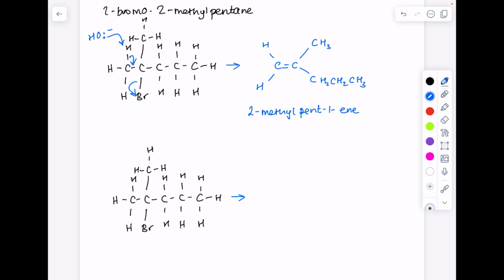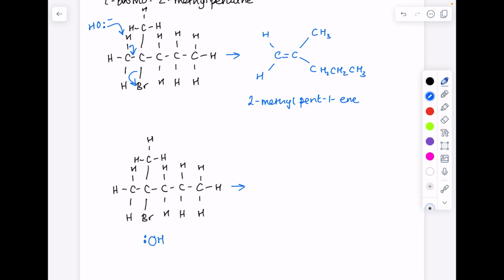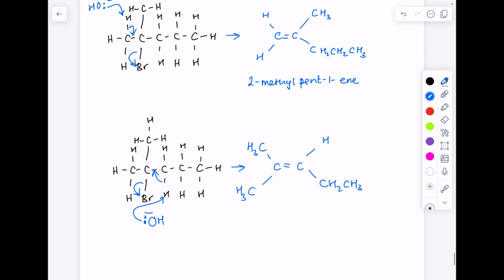This time, rather than attacking this hydrogen here, I'm going to attack this hydrogen over here. So my double bond will form here instead. Because it attacked a different hydrogen, we have formed 2-methylpent-2-ene.